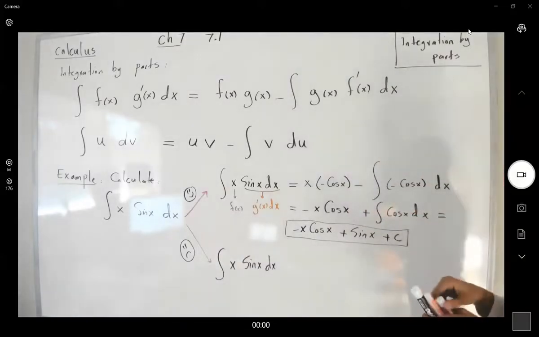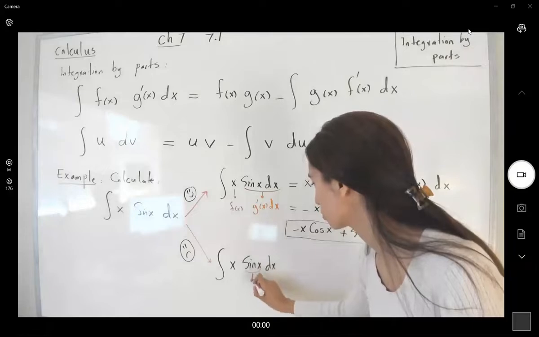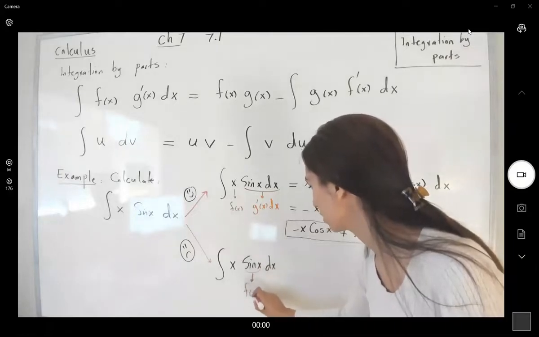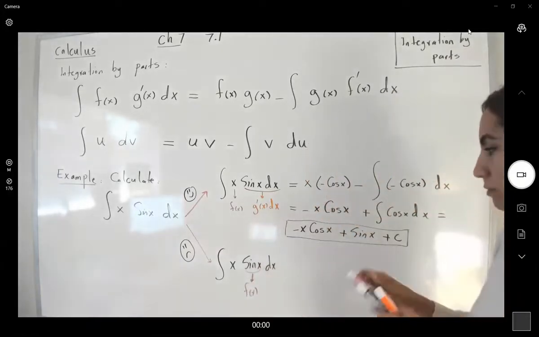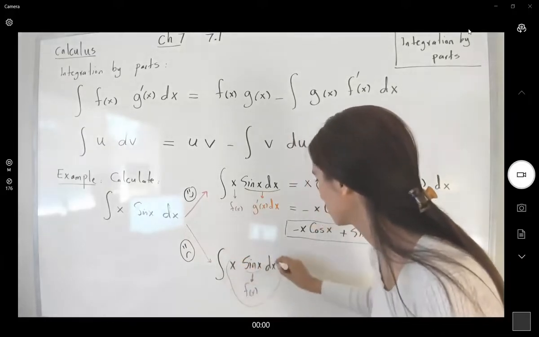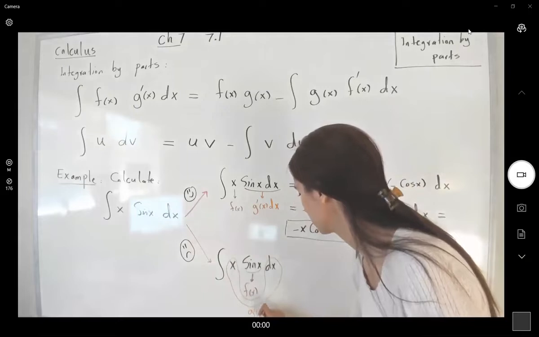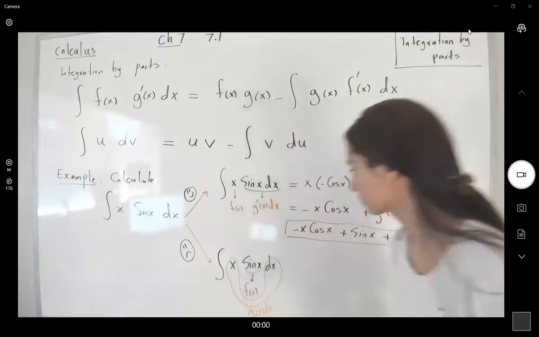So in this case, suppose you decided to select sine to be your f and x dx to be your g prime of x dx.